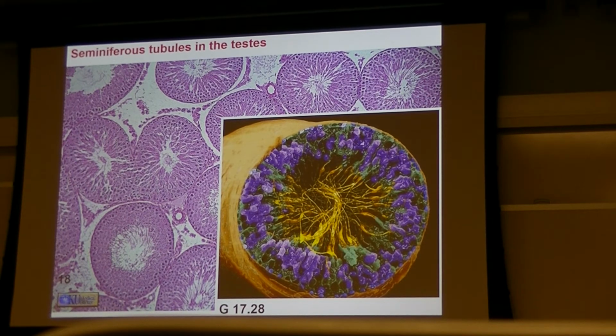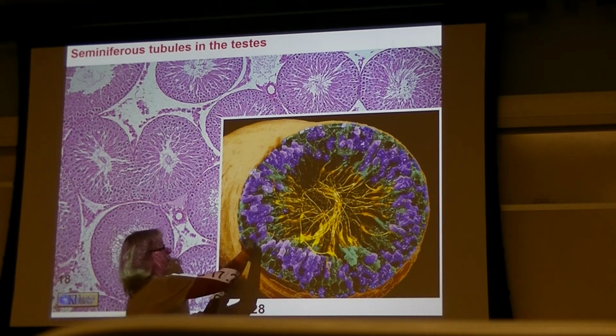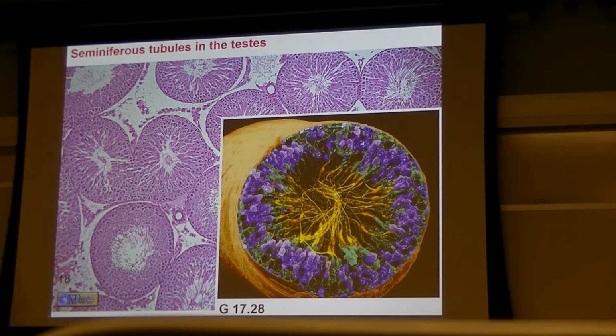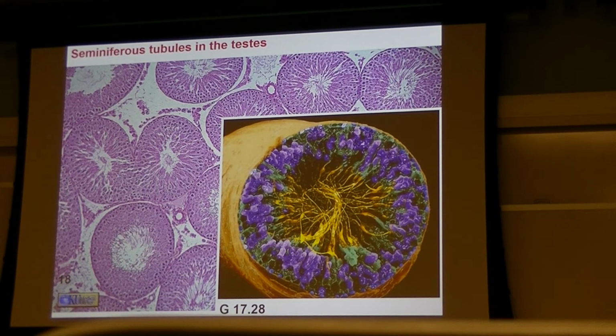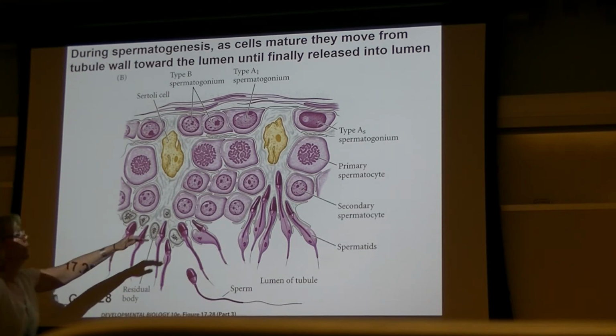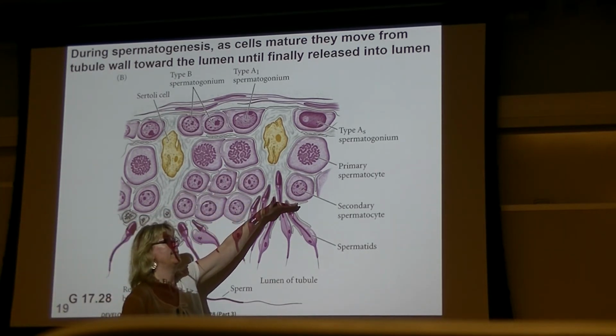So then if we zoom in even further and just consider one little section here from the wall to the lumen and the different cell types you would see, it looks like this. So the spermatogonia, the stem cells, are most peripheral, located next to the wall of the seminiferous tubule. And then primary spermatocytes and secondary spermatocytes.